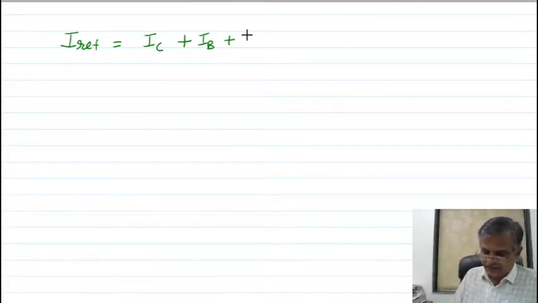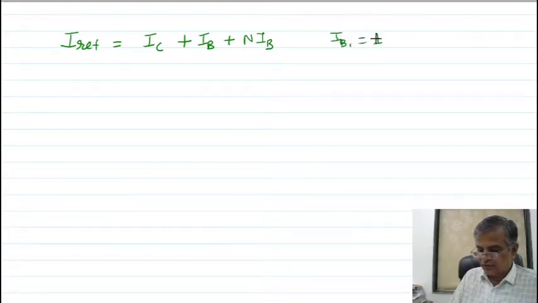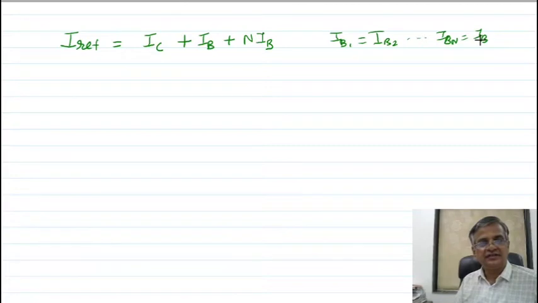Here IB1 is equal to IB2 up to IBN, which I have written as IB because all transistors are identical.